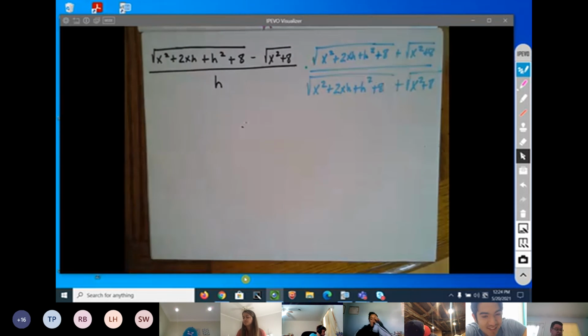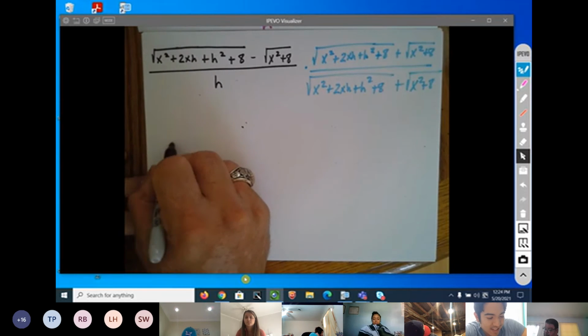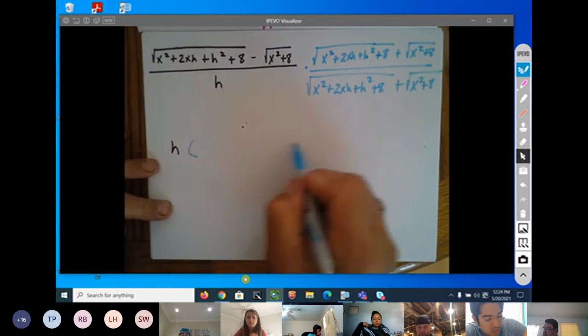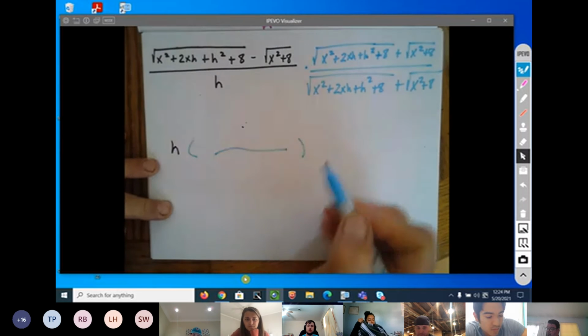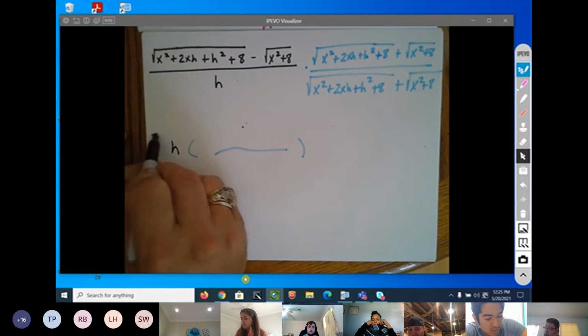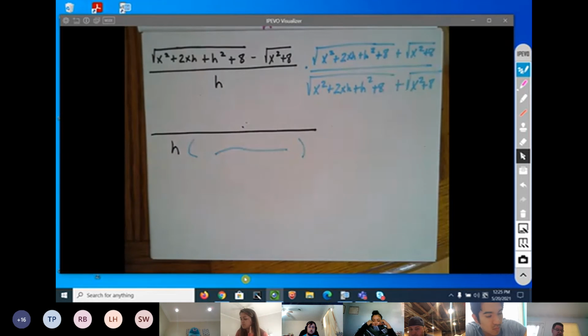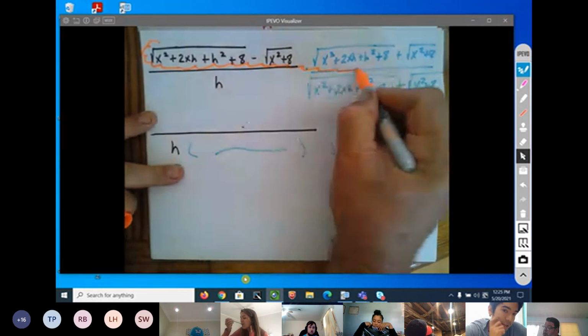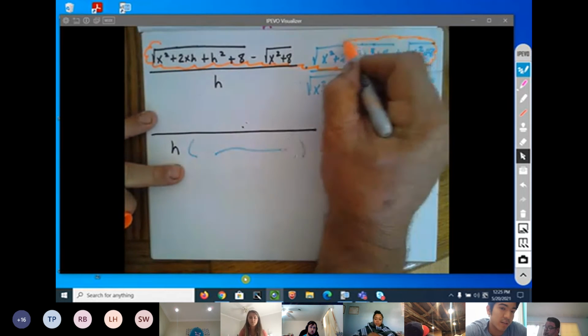So h on the bottom times all that trash. And that's what that squiggly line means. Over, well, this is shortcut number what? Shortcut number 3.